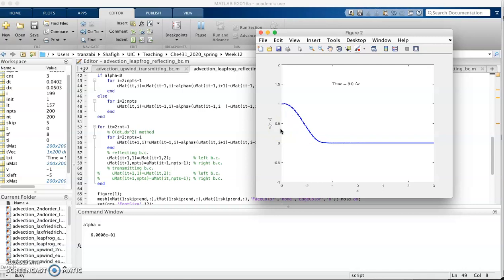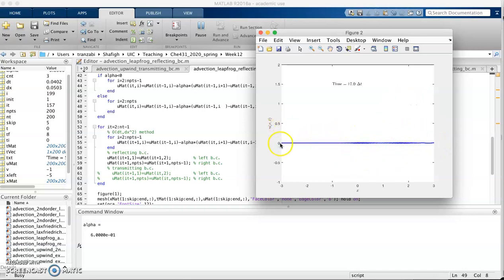And the reason is because in Leapfrog, wave can only propagate one way depending on alpha. And if this wave hits here, the reflection cannot go through it because then for reflection alpha is going to be negative. But the problem is implemented with alpha equals positive. So that's why you see these wiggles instead of having a large wave going from right to left.